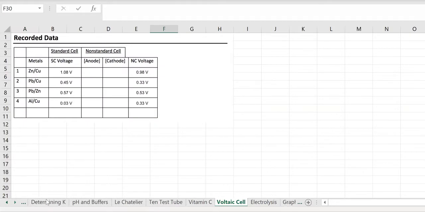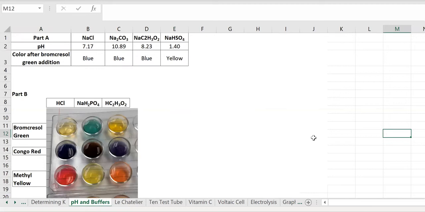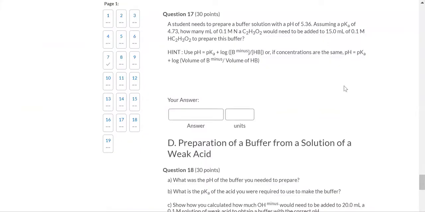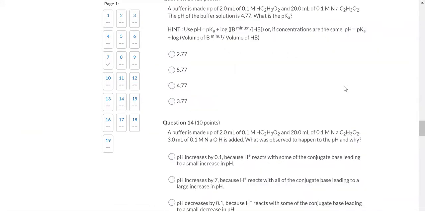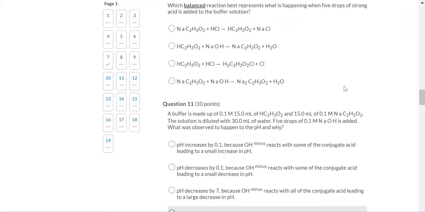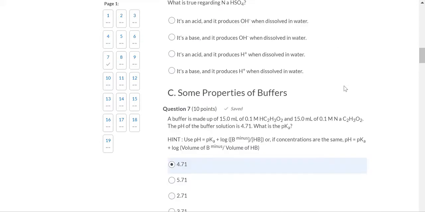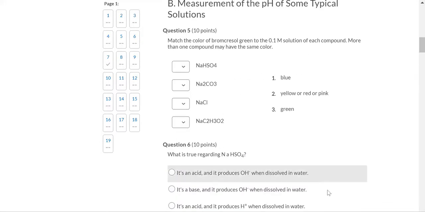So let's go back to pH and buffer. Now, let's look at the questions also. We're going to walk you through how to look at these answers by taking a look at our book.